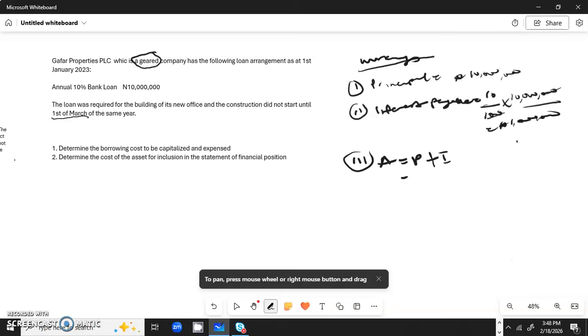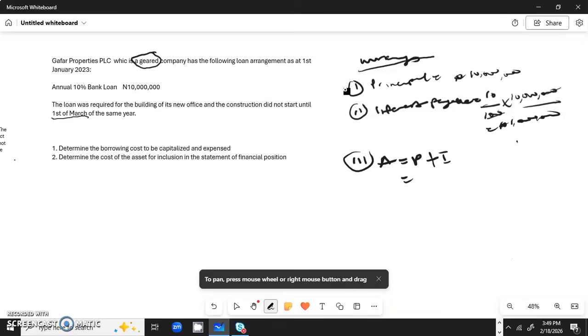from our mathematical knowledge equals principal plus interest. That's why in accounting, your knowledge of mathematics still has a lot to play. It has a very big role to play when you are an accounting student.